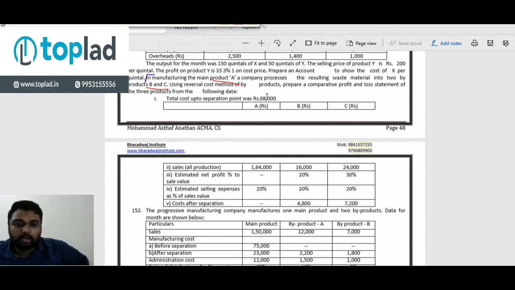So total cost up to separation is what we call our joint cost. This only we have to apportion.